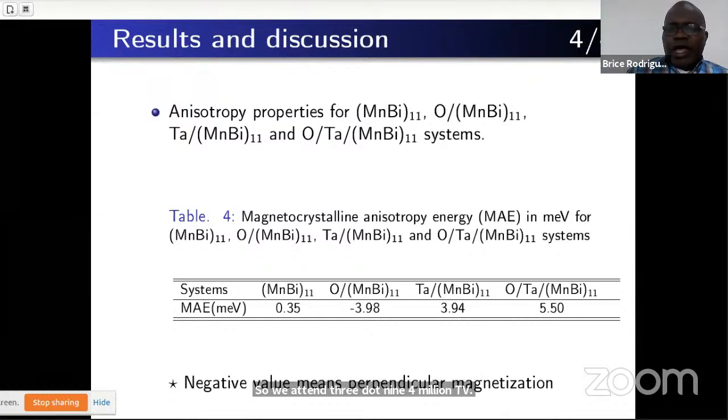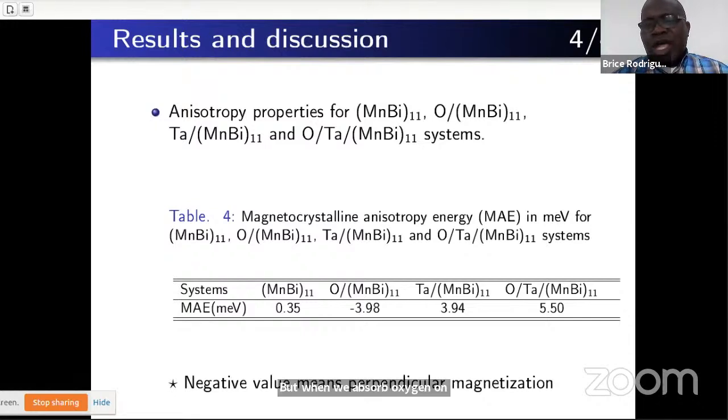But when we adsorb oxygen on the tantalum capping layer on manganese bismuth, we have the in-plane magnetization. So the presence of oxygen doesn't modify the orientation of the magnetization. We have the reinforcement of the MAE.